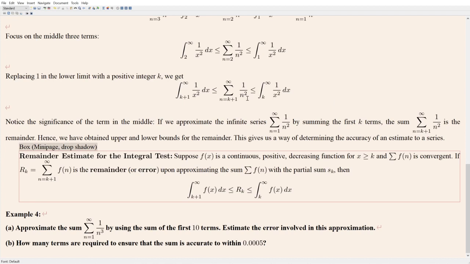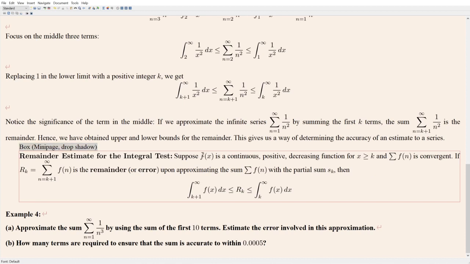Hence, what we have actually done here is we have obtained an upper and a lower bound for the remainder. And that gives us a handle on the error in approximating this. So, this observation becomes the remainder estimate.